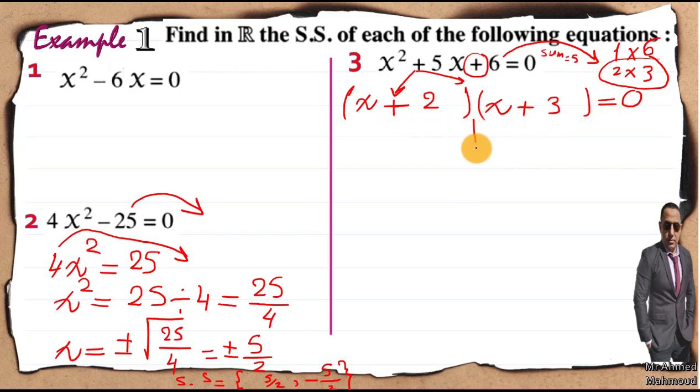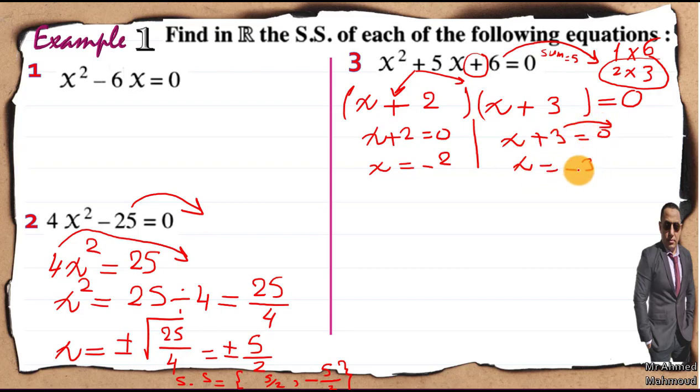So I'm going to separate between them: x plus 2 equals 0 and x plus 3 equals 0. Sending the 2 to the right side, x equals negative 2, and sending 3 to the right side, x equals negative 3. Finally, the solution set equals {negative 2, negative 3}. Please don't forget to write the solution set.